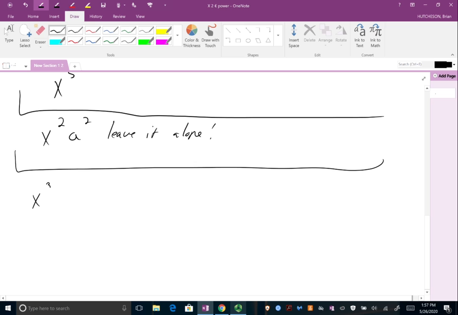So if I had x cubed, x squared times x to the 5th, what would I get? This would become x, because they're all base x, 3 plus 2 plus 5, which would give me x to the 10th.